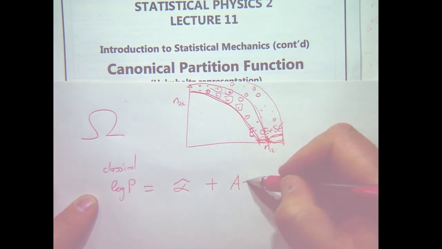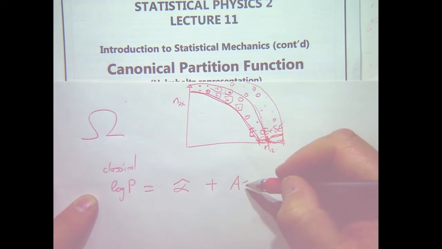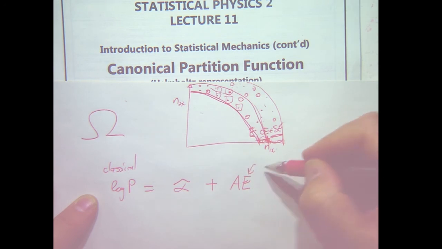This is a log. This is some constant plus, what was it? Alpha E. Yeah, plus alpha E. That's the energy of a single state.